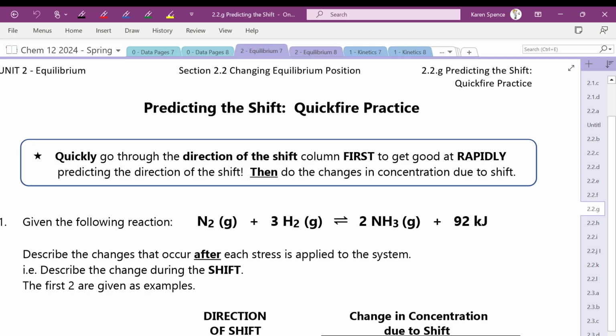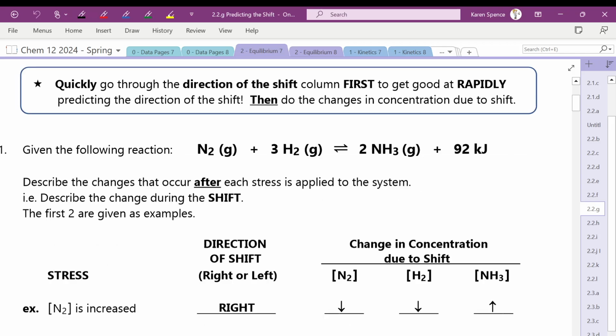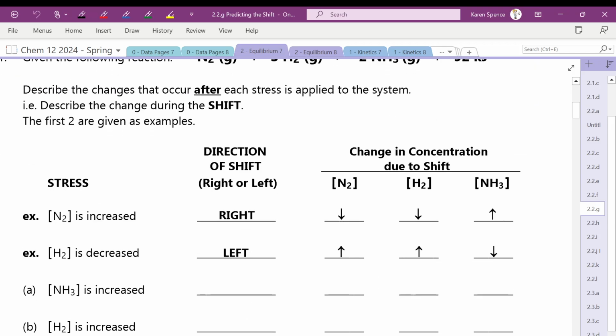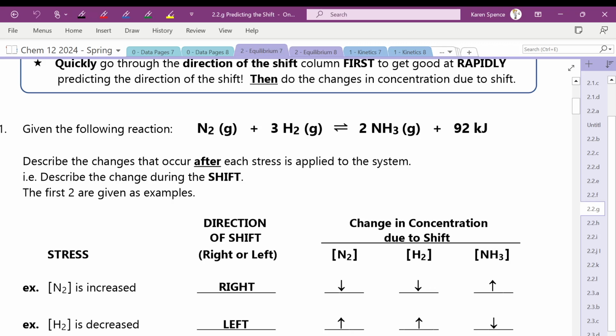Given the following reaction, describe the changes that occur after the stress is applied. So we're talking about the shift. Okay, so after the stress is applied, what happens during the shift? So if we increase the concentration of N2, we shift to the, and you might not want to draw this because you're going to need this reaction many times.